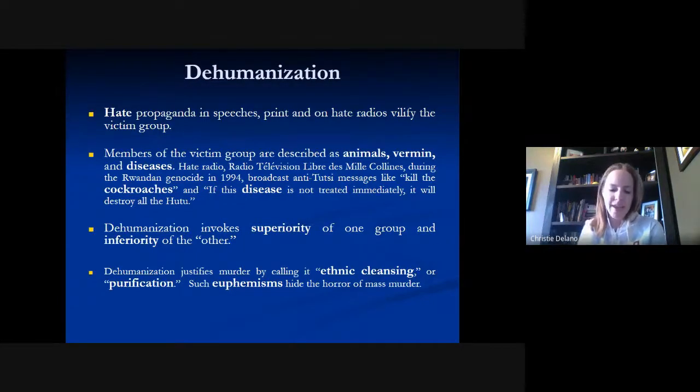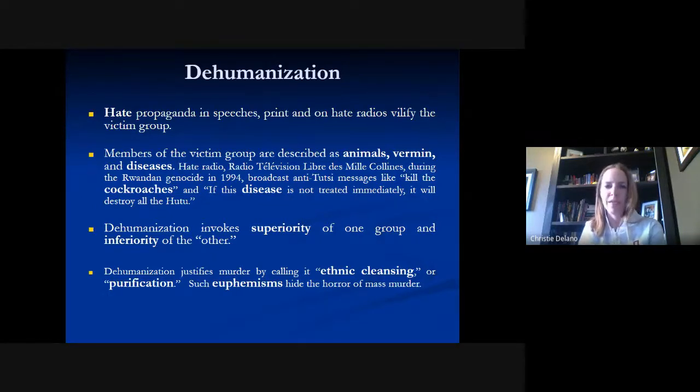And hate propaganda is evident very early on in Nazi Germany, long before the war. Hate propaganda in speeches, newspapers, radios, right? And this is not specific to Nazi Germany itself during genocide, but all forms of genocide later down the road. But we're going to speak to Nazi Germany specifically today, right?